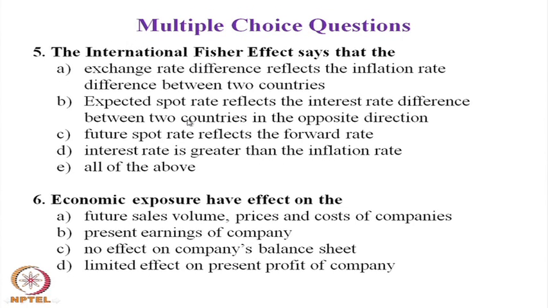The international Fisher effect is nothing but the expected spot rate reflecting the interest rate differential between two countries in the opposite direction. So, the country having a higher interest rate, its spot rate will depreciate. So, here the question is on the international Fisher effect, the answer is B.